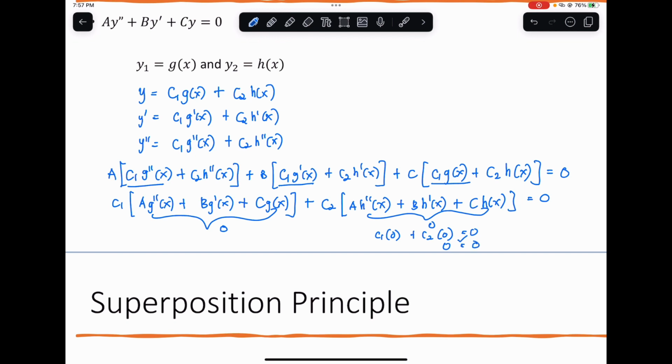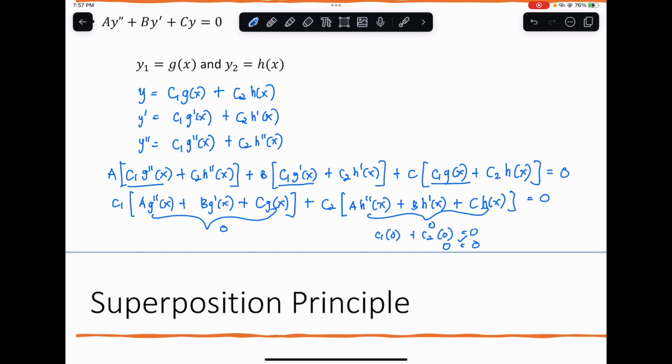So thus, we can say that if y sub 1 is a solution of a differential equation and y sub 2 is another solution of the differential equation, then using the superposition principle, the linear combination of the two solutions is still a solution of the differential equation.